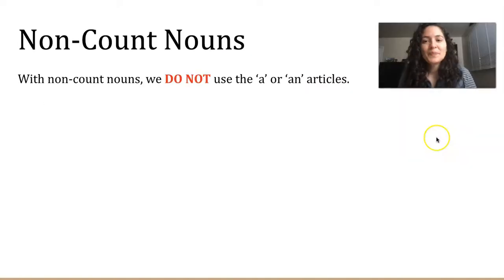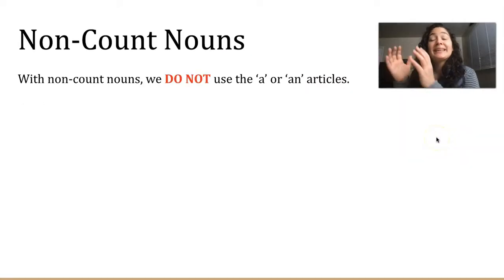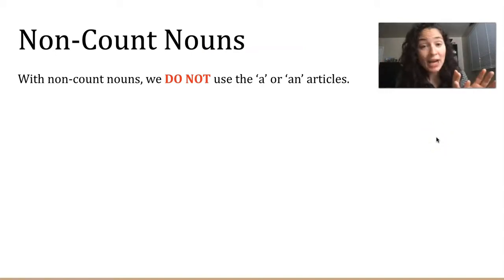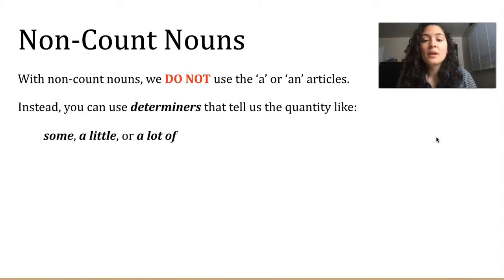Here they are. Okay, we said we have count nouns, we can count, and non-count nouns, we don't count. So because we don't count, we do not use a or an. We use determiners, words to show how many, like some, a little, a lot of.